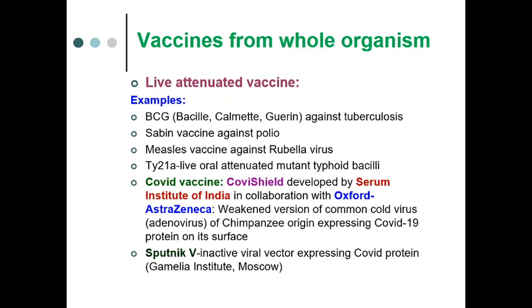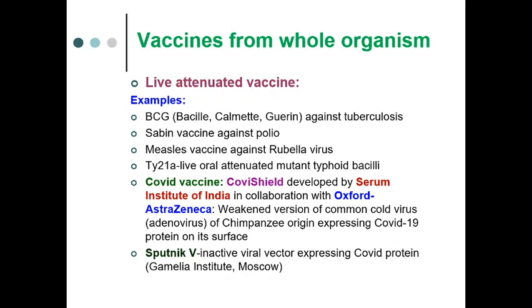But you cannot consider this as a live attenuated vaccine because it can be taken as an example of a subunit vaccine. I will be talking about subunit vaccines in a few minutes, where a protein domain of the virus is cloned in another virus, and that virus is attenuated, that is the chimpanzee virus, and that virus expresses the protein of the COVID virus, hence acts as a carrier and facilitates the development of immunity in the individual.